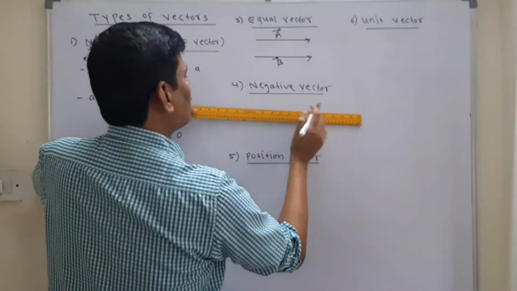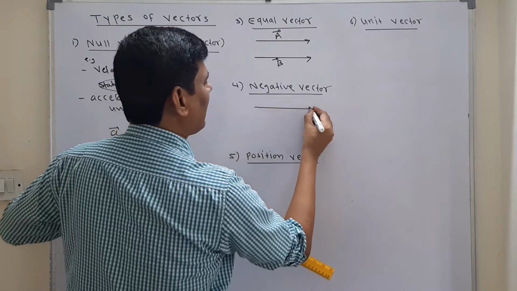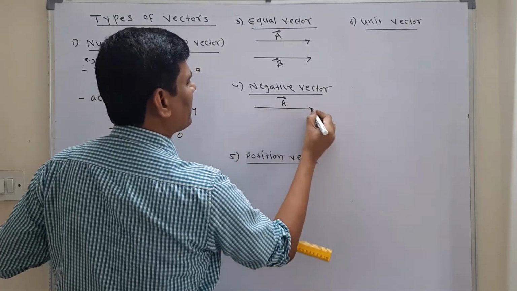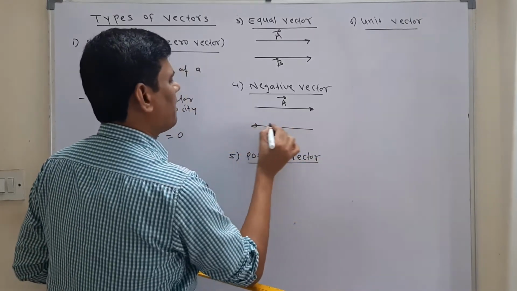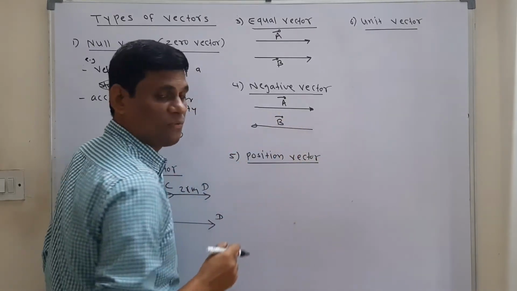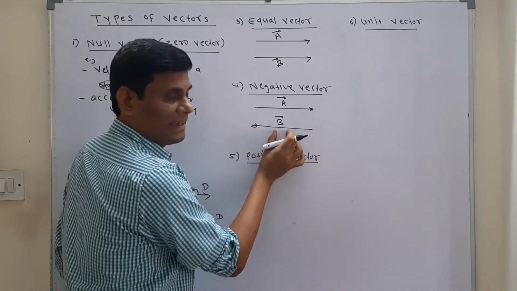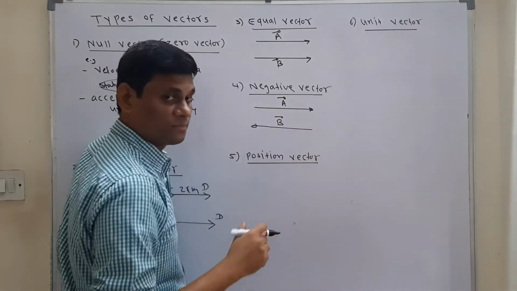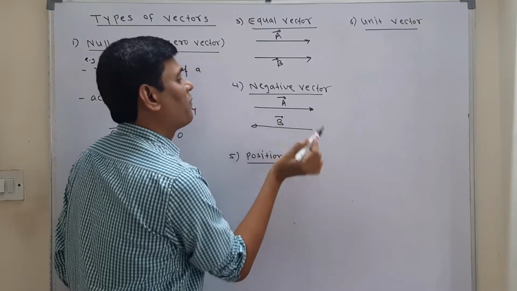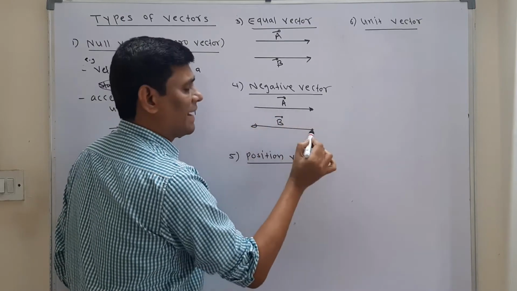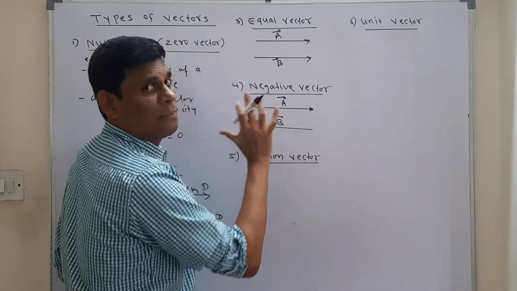Negative vectors. Suppose this is one vector, again I'll say vector A, and suppose this is another vector, vector B. Fine. So vector B is a negative vector of A. Why? A negative vector of a given vector has the same magnitude but travels in the opposite direction.